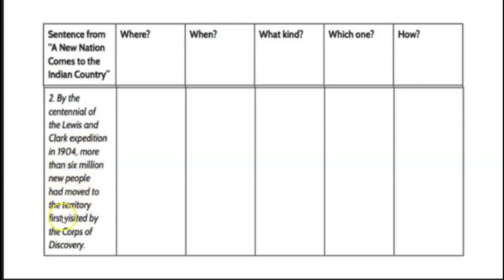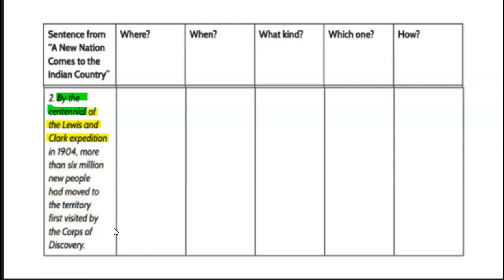By the centennial of the Lewis and Clark expedition in 1904, more than 6 million new people had moved to the territory first visited by the Corps of Discovery. Let me tell you, there are a ton of prepositional phrases in this sentence. So let's start at the beginning. By the centennial is a prepositional phrase.